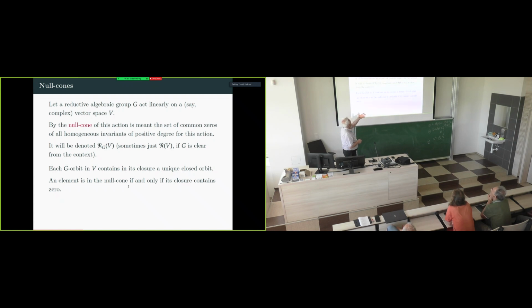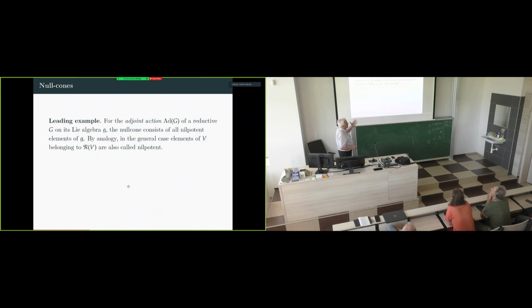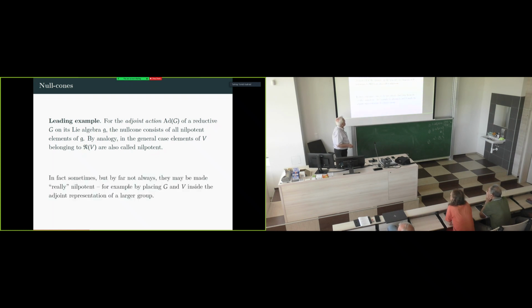Every G-orbit contains a unique closed orbit, but an element is in the null cone if and only if the closure of its orbit contains zero. The main example in this situation is the adjoint representation of a reductive group in its Lie algebra, and the null cone in this situation consists of nilpotent matrices or nilpotent elements, and by analogy, in the general case, an element v belonging to the null cone is also called nilpotent.